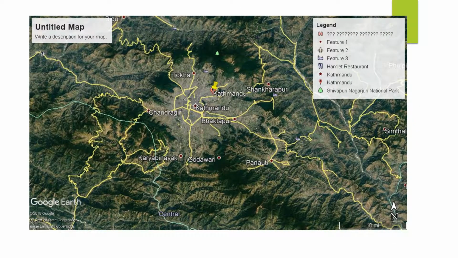This slide shows the Earth Pro map of Kathmandu district, where Kathmandu district is one of the 3 districts located in Kathmandu Valley, which itself is located in the hills of Bagmati Zone, Central Development Region, Nepal.